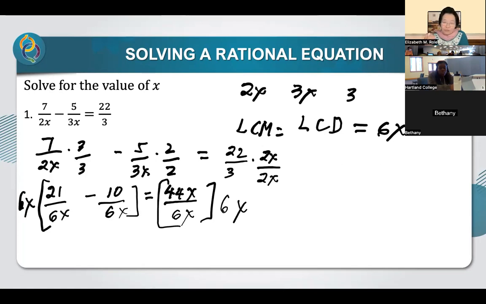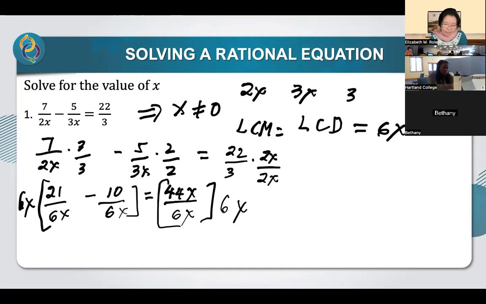But we should remember it's always important that when we're dealing with a rational equation, you know the principle that you can never divide by 0. So you would say that in this equation, x should never be equal to 0. Of course, your x will not be 0, but just to know the principle that we cannot divide by 0, we can only do all this when x is not equal to 0.